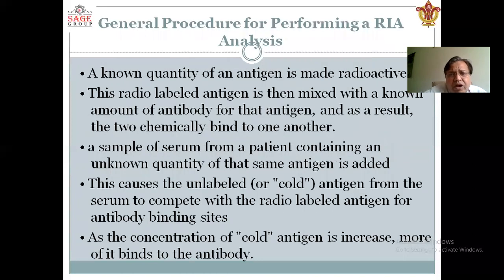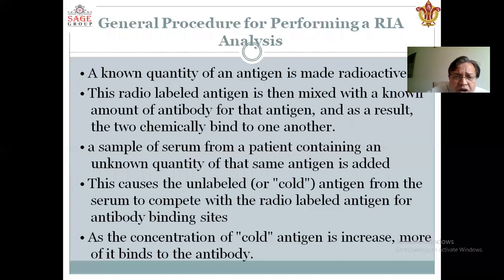General procedure for the performance of radioimmunoassay. A known quantity of antigen is made radioactive. This radio-labeled antigen is then mixed with a known amount of antibody for the antigen. As a result, the two bind to one another.